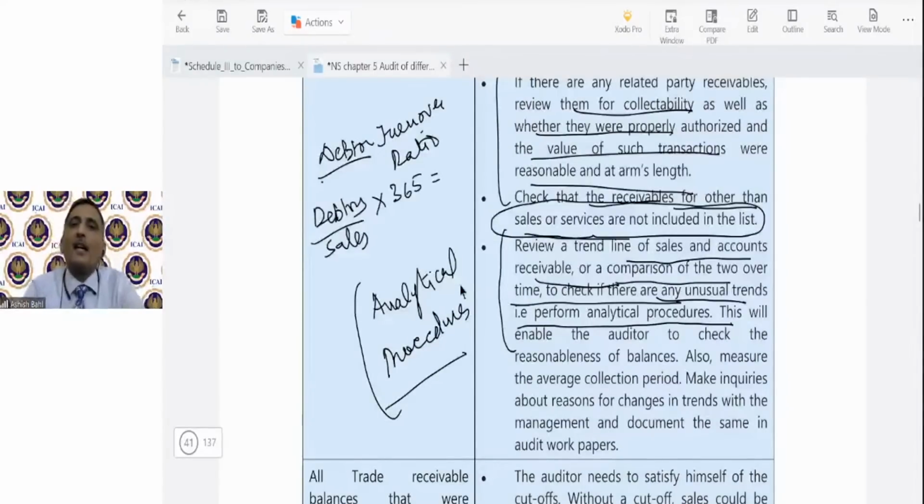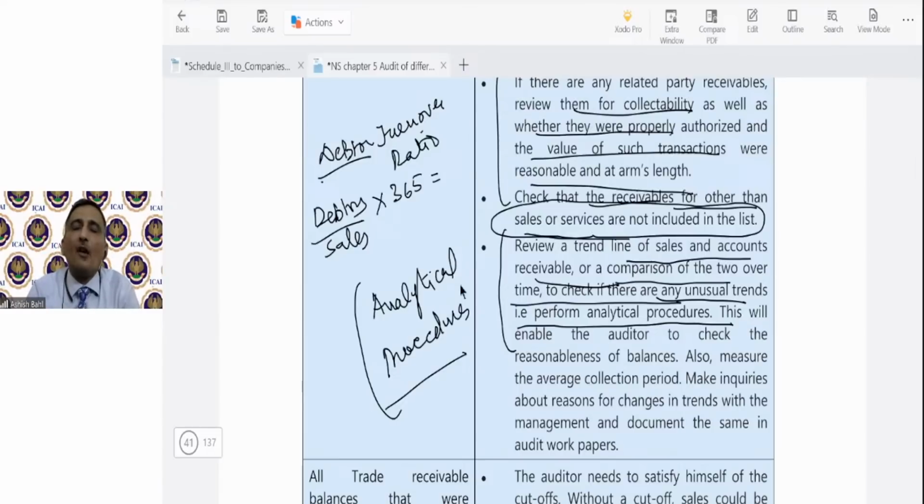If you want to calculate in number of months, then debtors upon sales into 12. Okay, so this gives you an idea of average collection period in how many days, in how many months the company's debtors are being collected on an average basis. So is it clear to you guys?